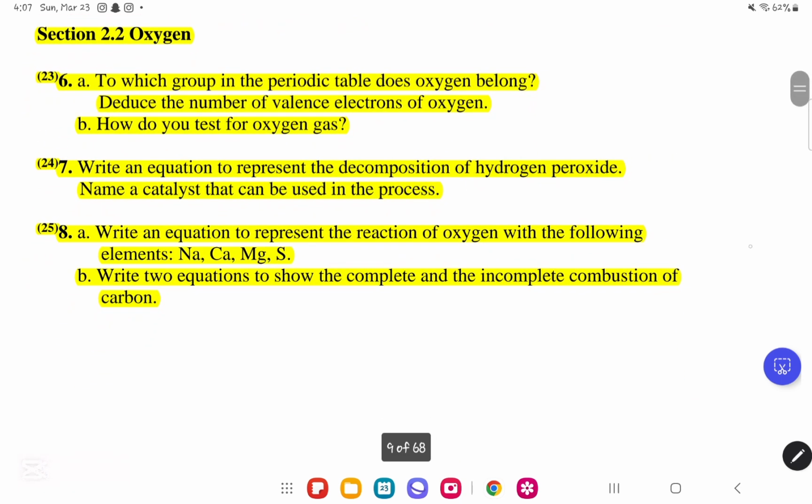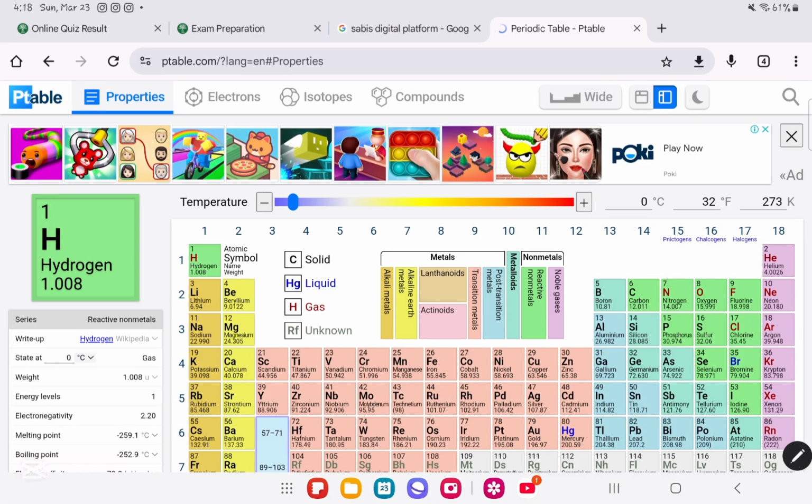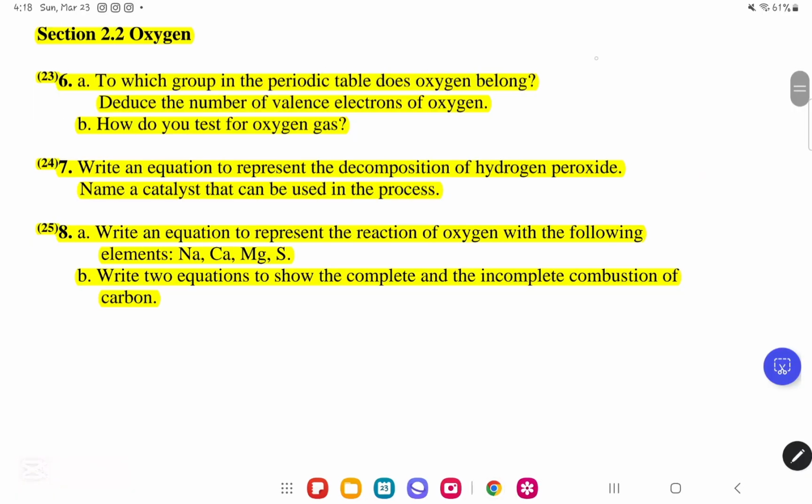Now we'll move on to oxygen. So to which group in the periodic table does oxygen belong? Over here, this is the periodic table. As you can see, oxygen is in this group, if you count, this is group 1, 2, 3, 4, 5, and 6. So it is in the 6th group. And because it is in the 6th group, it has 6 valence electrons.